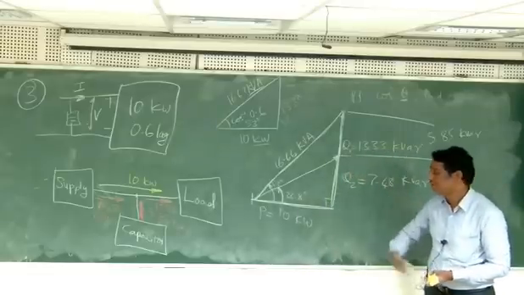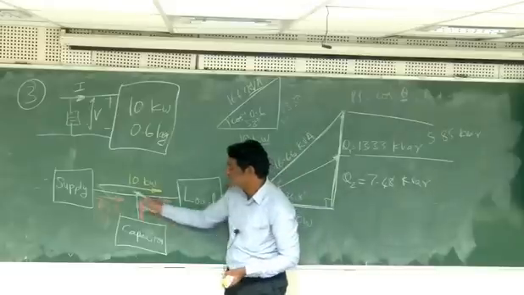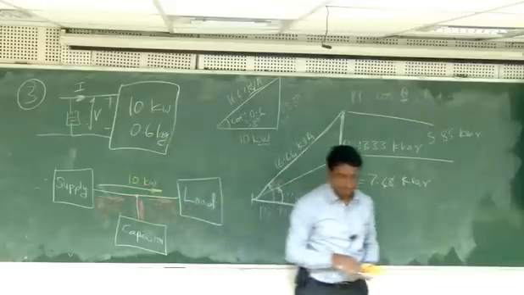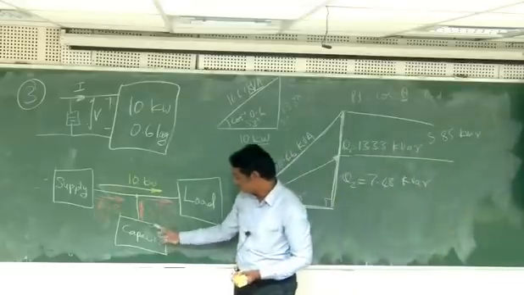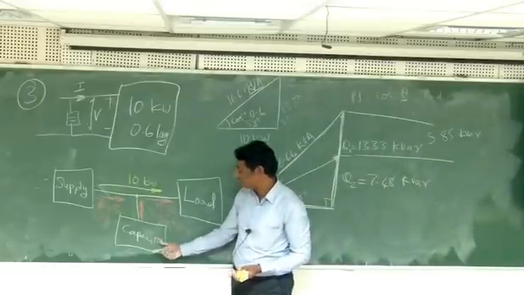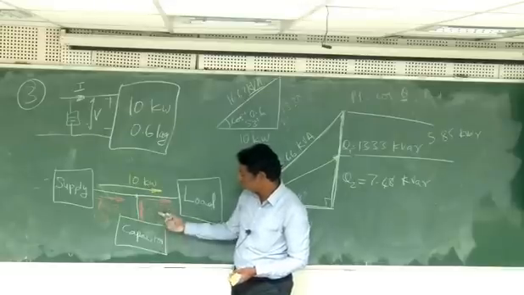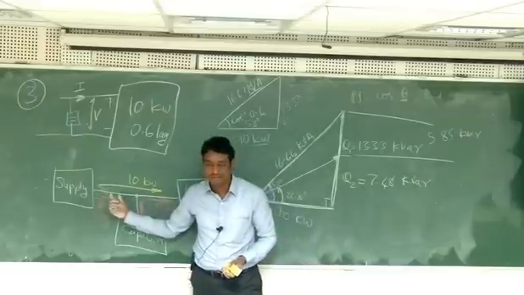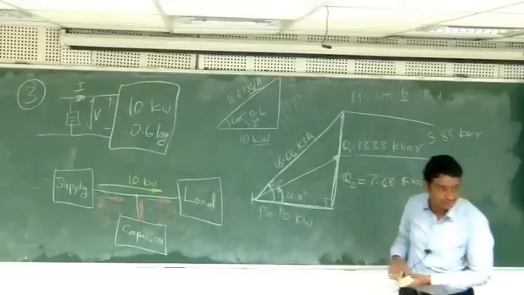This is better compared to the entire 13.3 coming from supply to load. If I further increase the capacity, instead of 5.8 kVAR, if I use a 10 kVAR capacitor, then out of 13, 10 will come from here, 3.33 will come from the supply. The current will be still lesser, and so on.